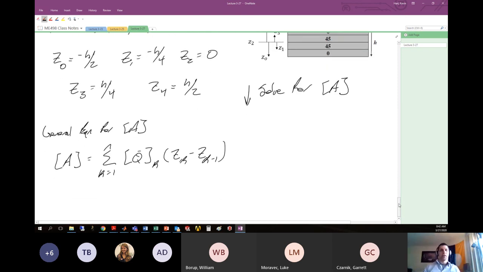All right, so A is a 3 by 3 matrix. So this is actually 9 equations, for A11, A12, A13, A21, A22, and so on and so forth.